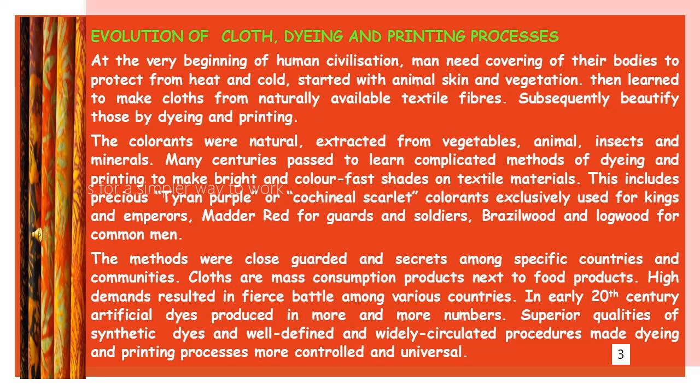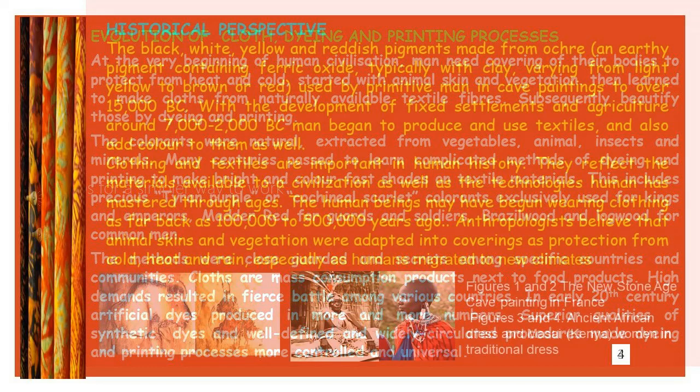Cloths are mass consumption products next to food products. High demands resulted in fierce battles among various countries. In early 20th century, artificial dyes were produced in more and more numbers. Superior qualities of synthetic dyes and well-defined and well-circulated procedures made dyeing and printing processes more controlled and universal.